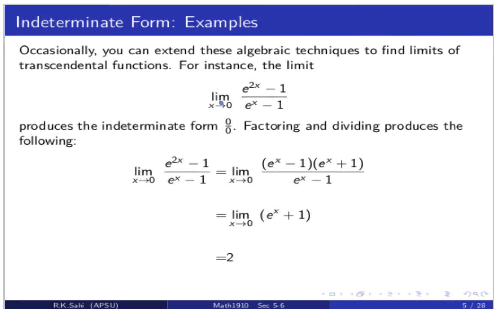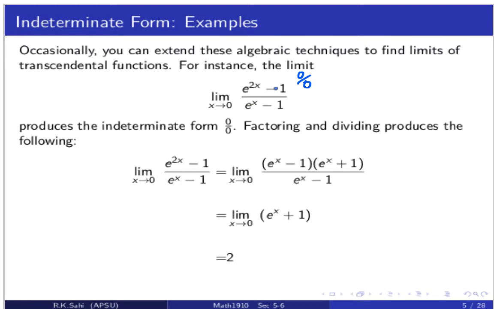The limit as x approaches 0 of (e to the power 2x minus 1) divided by (e to the power x minus 1). So we have an exponential function here. If I substitute x equals 0, what do I get? e to the power 0, which is 1, minus 1, which is 0, divided by, again, e to the power 0 is 1, 1 minus 1 is 0. So clearly, it's an indeterminate form of 0 by 0.